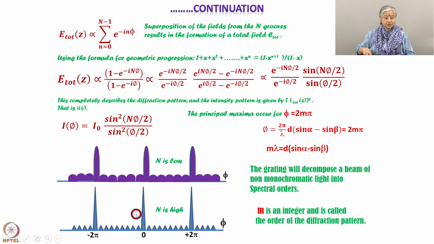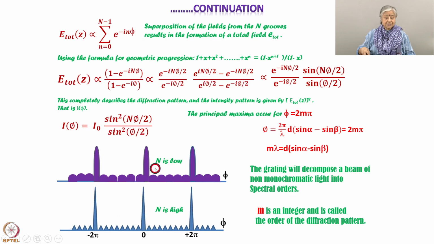So, the difference between these two: you can see this wavelength is sort of broader, it has a certain amount of width, while this one is very narrow and looks better resolved.